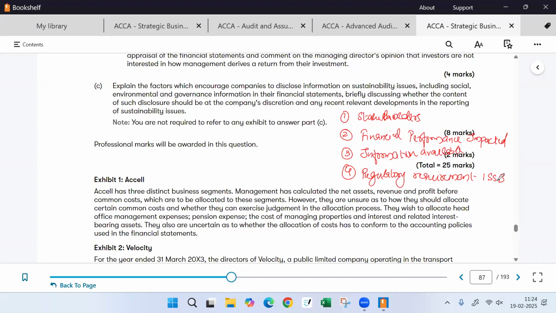Sustainability has 2 fundamental aspects: outward, which considers companies as dependencies, and inward, which considers companies as impacts. Correct. So impacts and dependencies. Impacts means because of their functioning, what is the impact they are creating on the sustainability environment. Dependency means how dependent these companies are on the environmental aspects. Briefly explain these 2 aspects of sustainability, providing examples of dependencies and impact, and discuss the factors that have resulted.